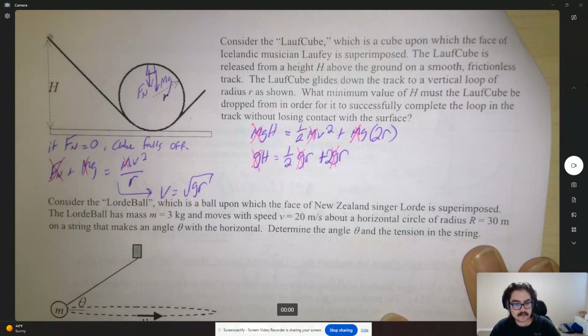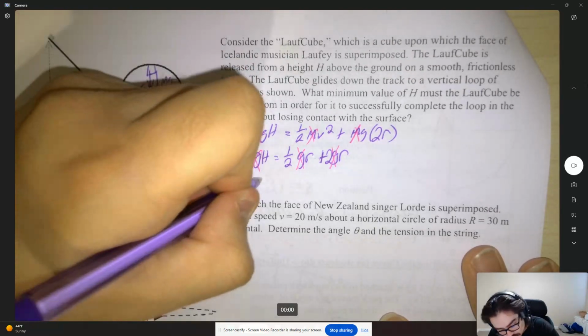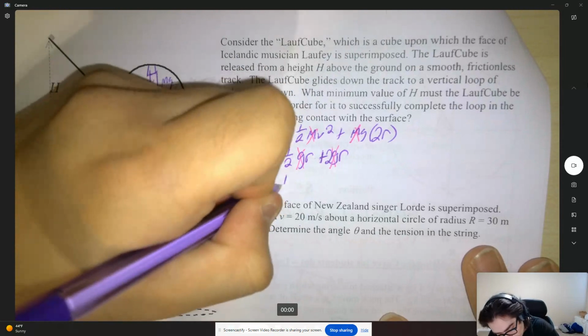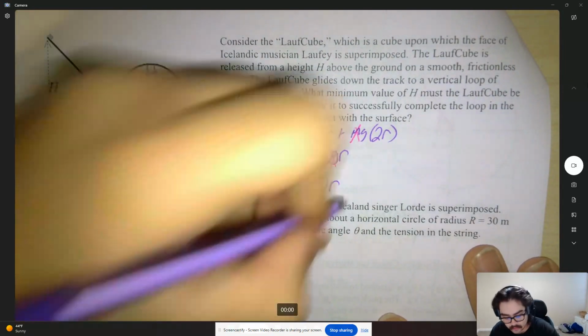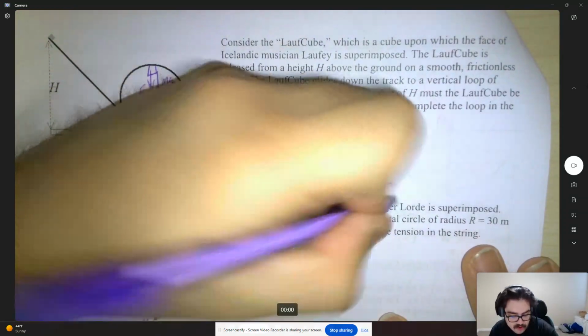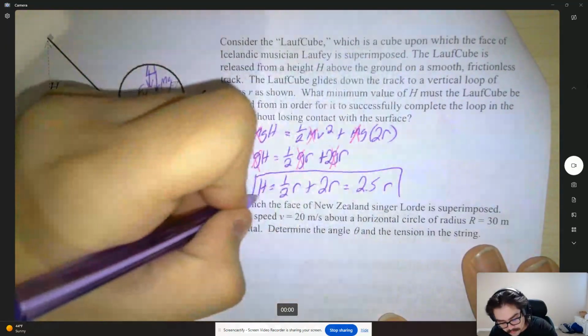And this gives you straight up what you need, because you were trying to get H. It's just one half r plus 2r, or you can say that's 2.5r if you wanted to, or leave it like that. It all means the same thing. It's all going to work out.